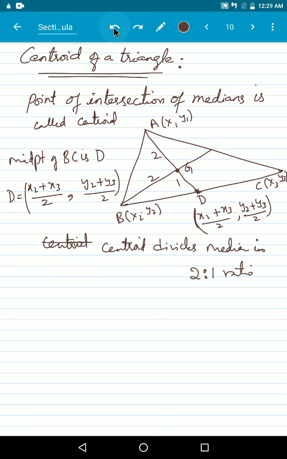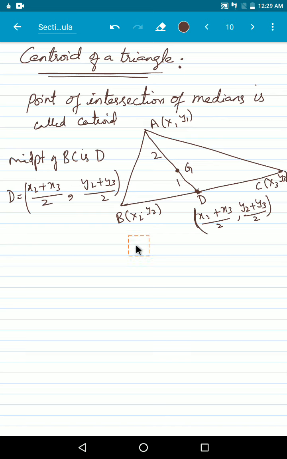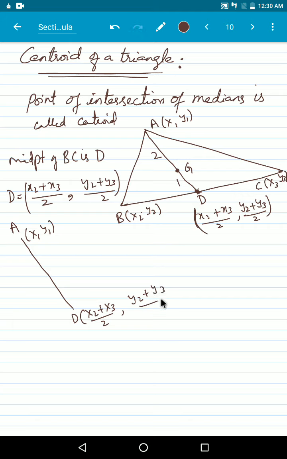Now using this concept, that is 2:1, we can find the centroid. Okay, all right, see, let us consider only AD. If we consider AD, this is A, x1 y1, and D is here, which is (x2 plus x3) by 2, (y2 plus y3) by 2, and point P or G is here and the ratio is 2 is to 1.